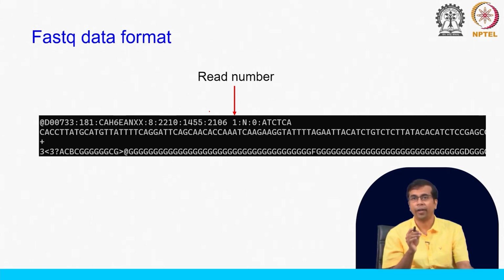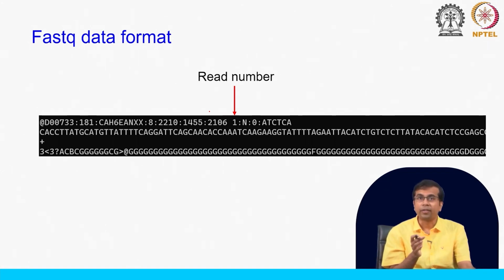In that case the read number will be given as 1. But in case of paired end sequencing, where we are sequencing from both ends, read number 1 would mean this is read 1, only one of the pair.